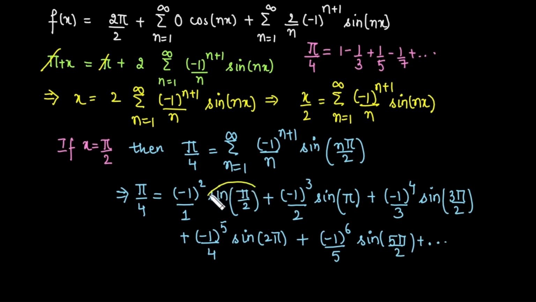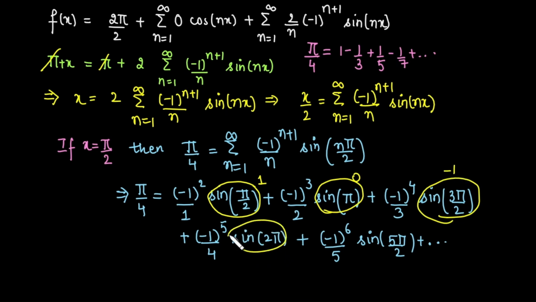Sine pi by 2 is 1, sine pi is 0, sine 3 pi by 2 is minus 1, sine 2 pi is 0, sine 5 pi by 2 is positive 1. Substitute these values over here.